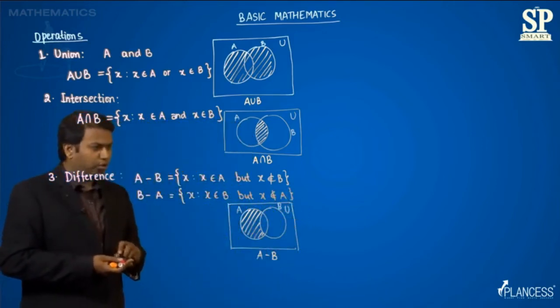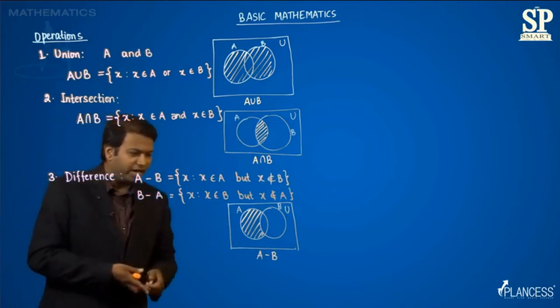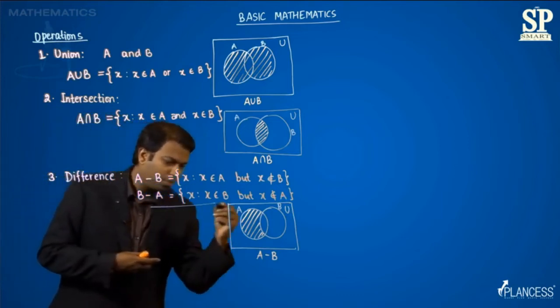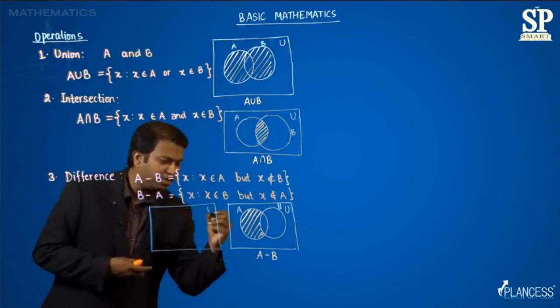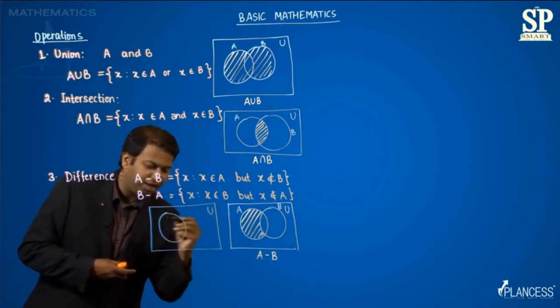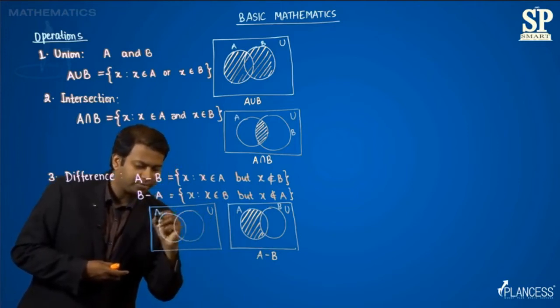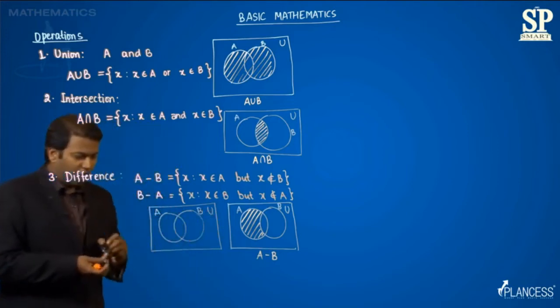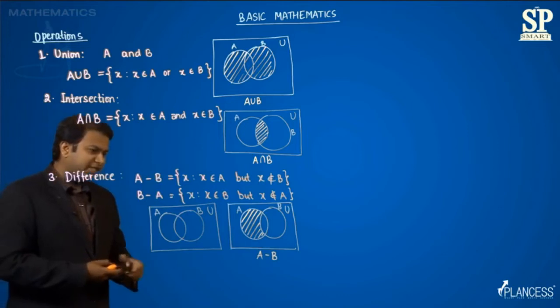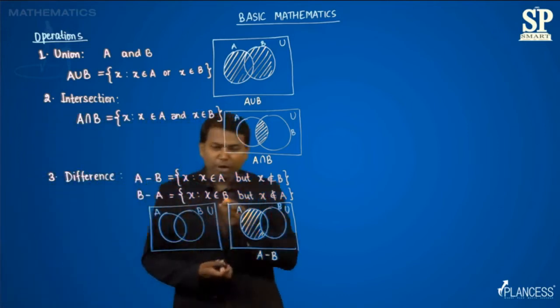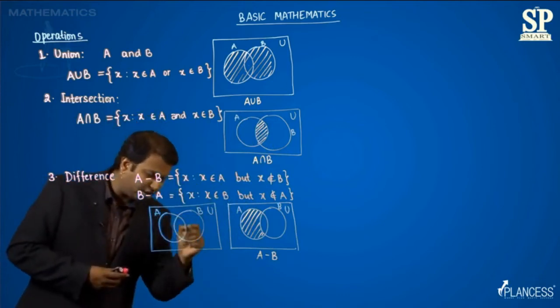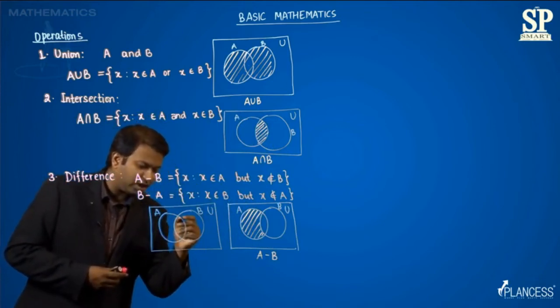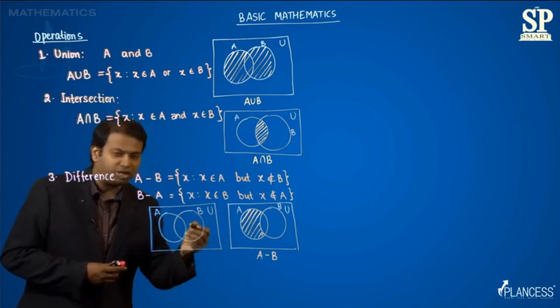Now if we want to represent it using a Venn diagram, here we have the universal set and there are two other sets A and B. Now in this case, the element should belong to B, but it should not belong to A. Now this is the portion which is lying in both the sets.